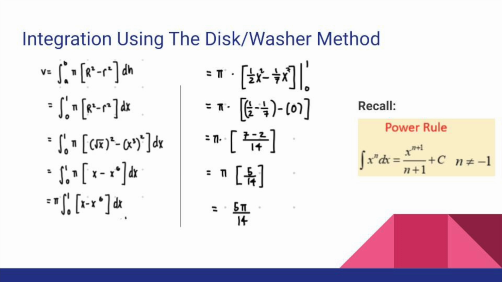Therefore, we will have the integration from 0 to 1 of pi times the difference of the square root of x and x to the power of 3, squared. Once we square the values, we can obtain the integration from 0 to 1 of pi times x minus x to the power of 6.